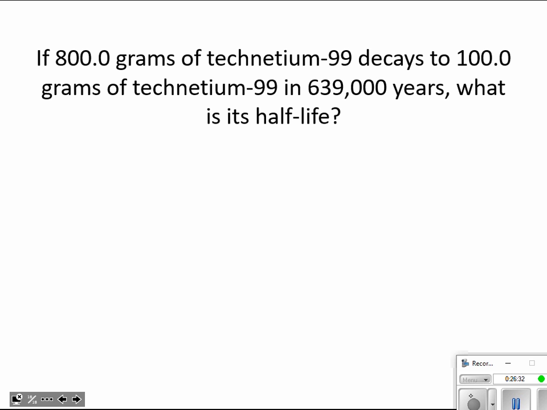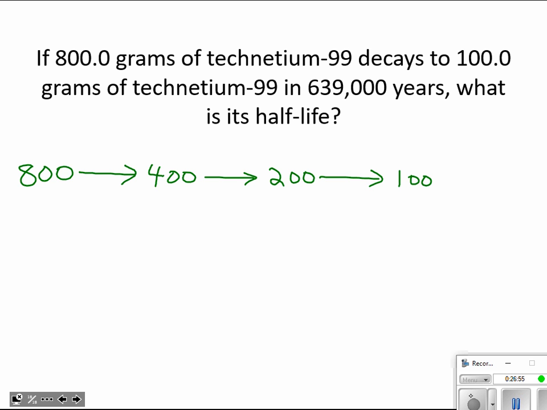I need to figure out, if I have 800 to start with and I'm going to 100, how many half-lives is that? My first one's going to be 400. My second half-life is going to take it to 200. My third half-life is going to take it to 100. So I know that I have 1, 2, 3 half-lives.